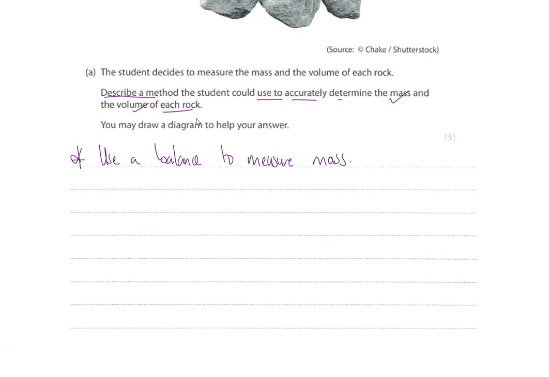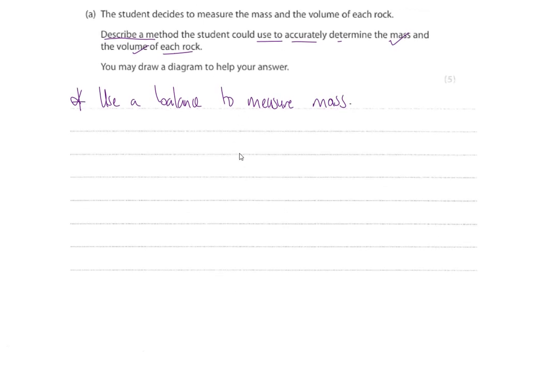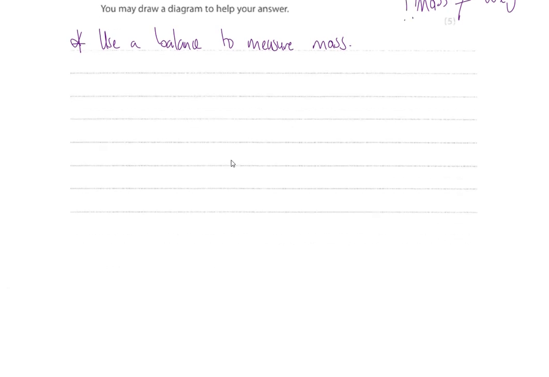Now remember, mass is not weight. Use a balance to measure the mass of each rock.